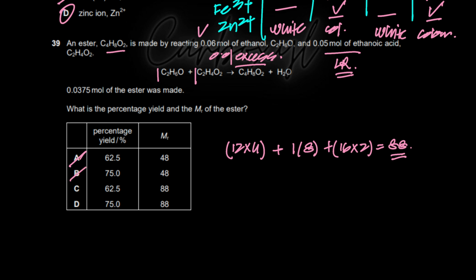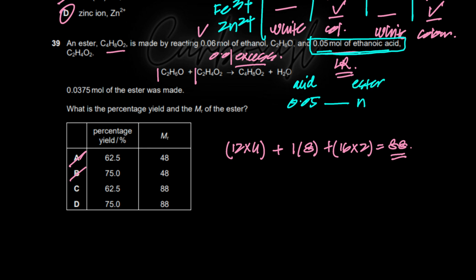Now how do I calculate the percentage yield? I'm going to take these moles of ethanoic acid and calculate how many moles of ester I can actually get from them. It's pretty easy. That's the acid, and that's the ester.